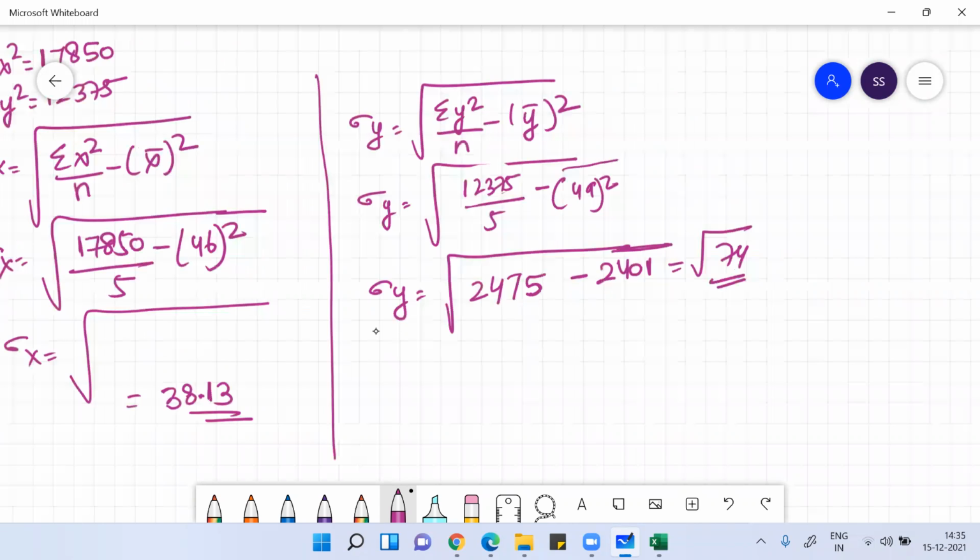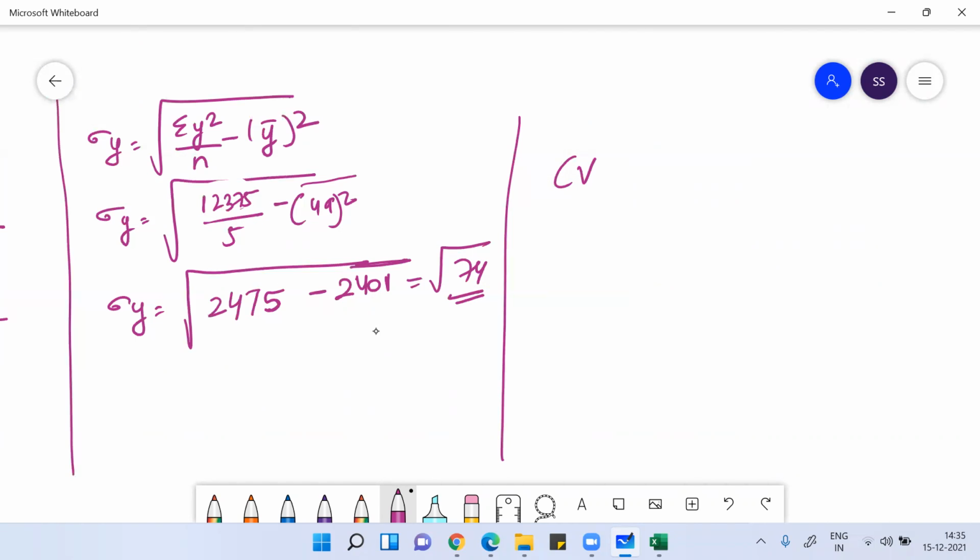Now, once you find this, you can find the coefficient of variation of A, that would be standard deviation by mean into 100.